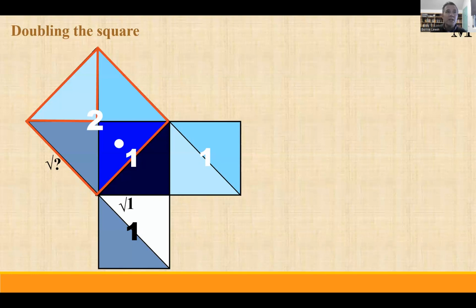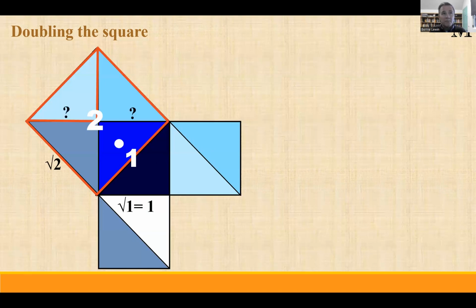Well, it would be the square root of 2, because the sides of a square with area 2 would be the square root of 2, just like the sides of the square of area 1 will be the square root of 1, which is 1. And this square root of 2, as we know, can't actually be expressed as a ratio, and so its numeric expression is irrational.